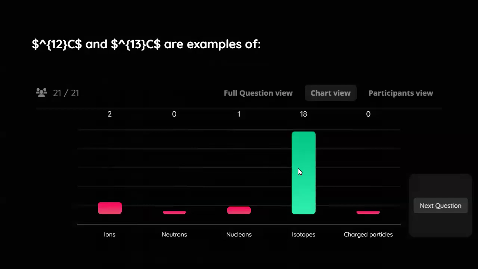And so isotopes, yes. I've got two forms of the same element. The only difference between them is their mass number. That's the very definition of an isotope.